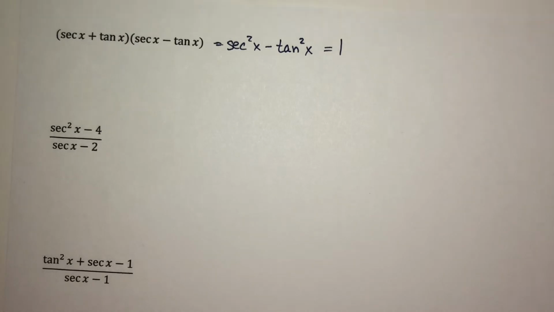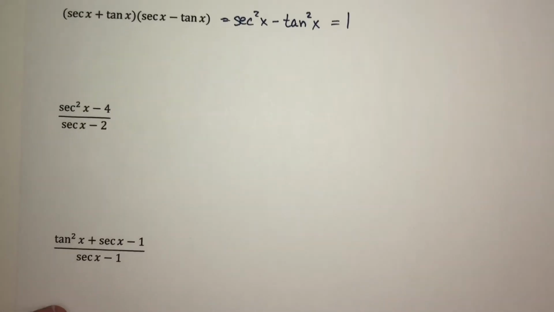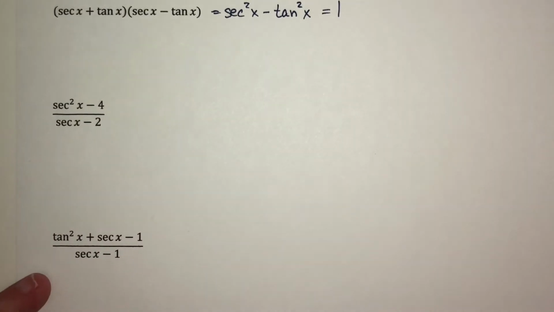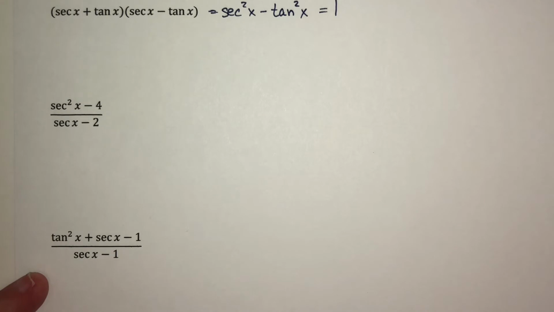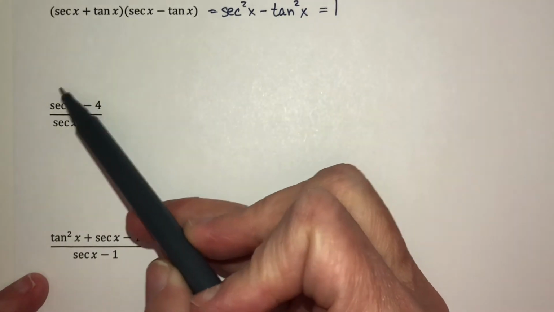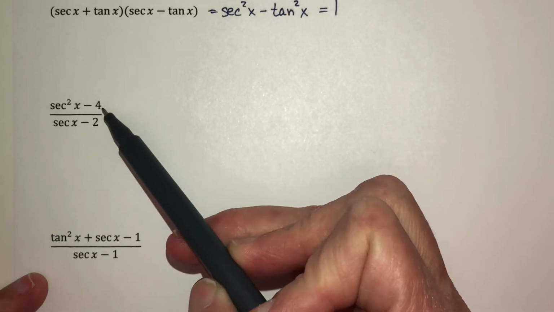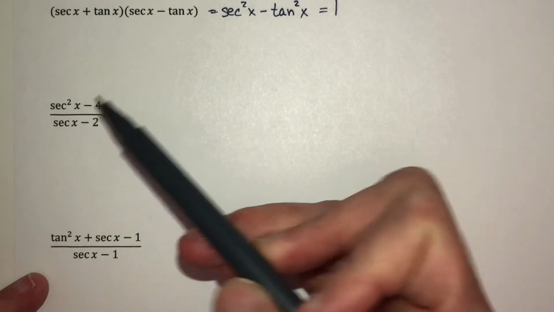Okay. Now, let's do the same sort of thing here. I have secant squared x minus 4 over secant x minus 2. You want to be really aware of difference of squares because it's a technique we're going to use a whole lot. Here I have something squared minus 4, which is also a perfect square.